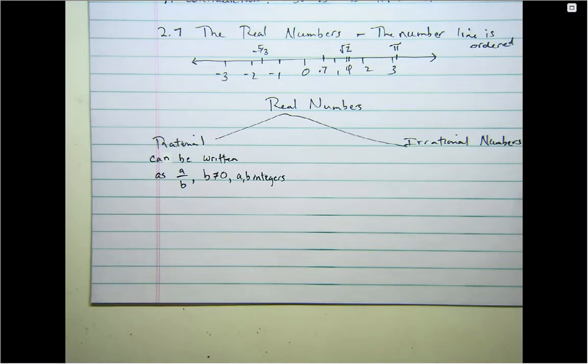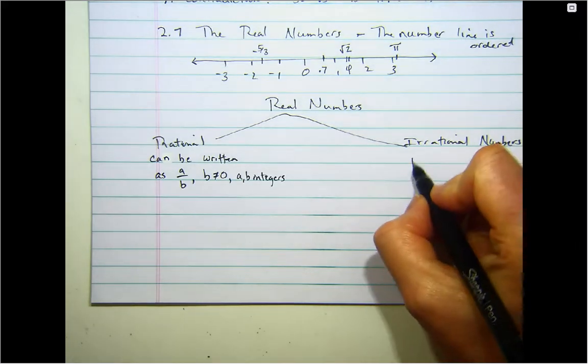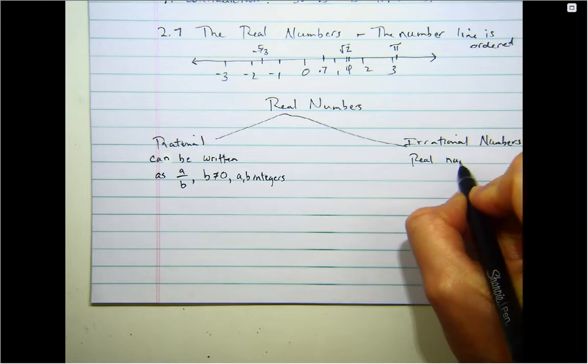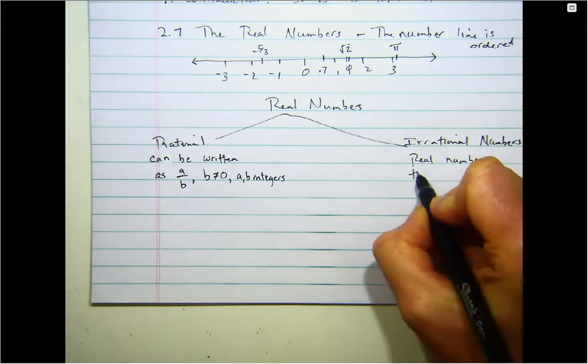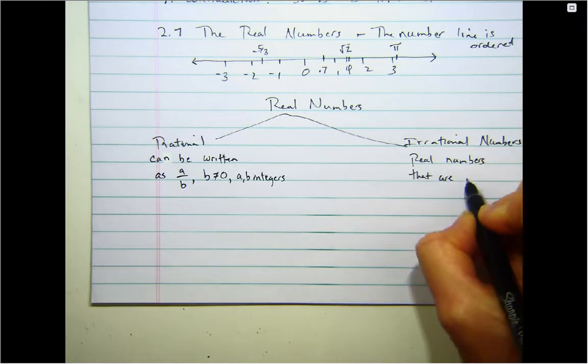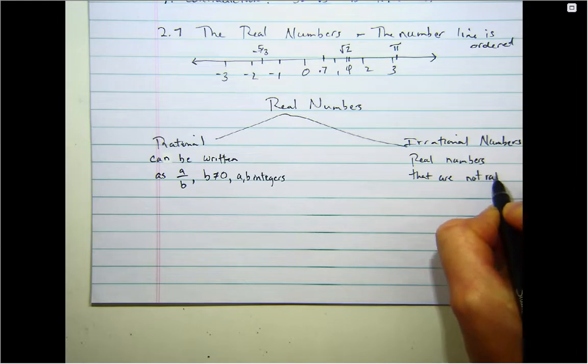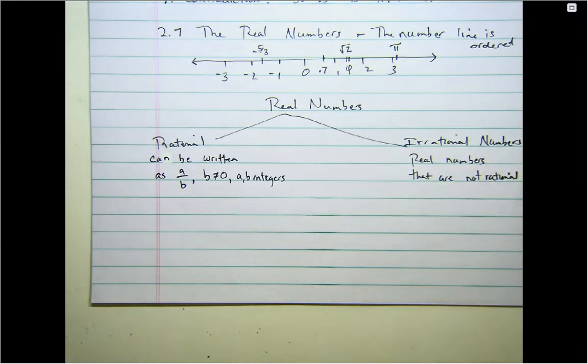Irrational numbers are real numbers that are not rational. Well, we're going to be looking at the decimal expansion of these numbers. So let's see if we can talk about their decimal expansion.